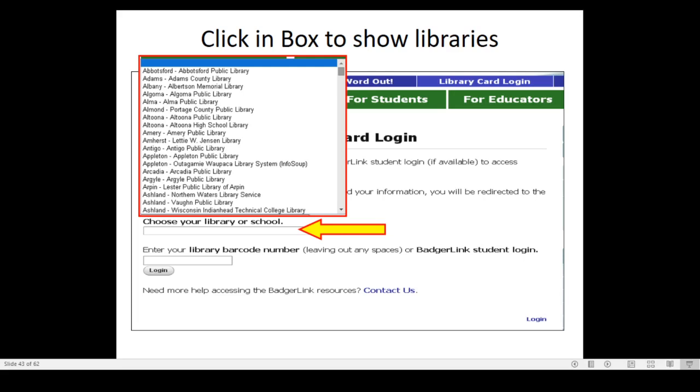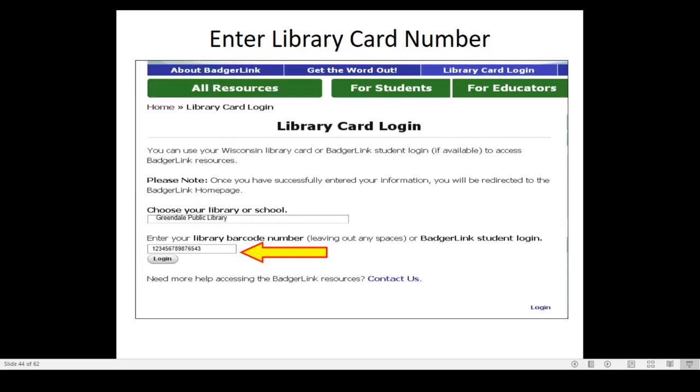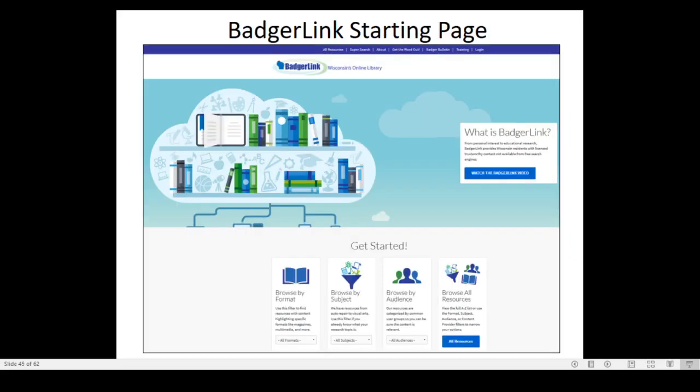So here's a list of all the libraries in Wisconsin, and you can just pick out any one of them. Preferably pick out one that you use. I can tell you that the West Bend Library is more than happy to accept registration from anyone. I know they do that. Then you enter the library card number right there, and then you get to the starting page.